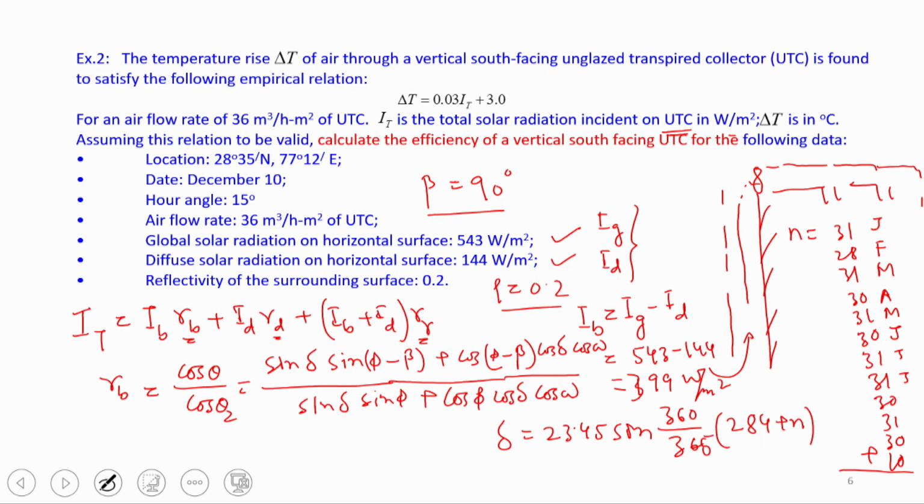Otherwise, what you do, 365 minus 21 is also possible. Then can you tell me what is phi?